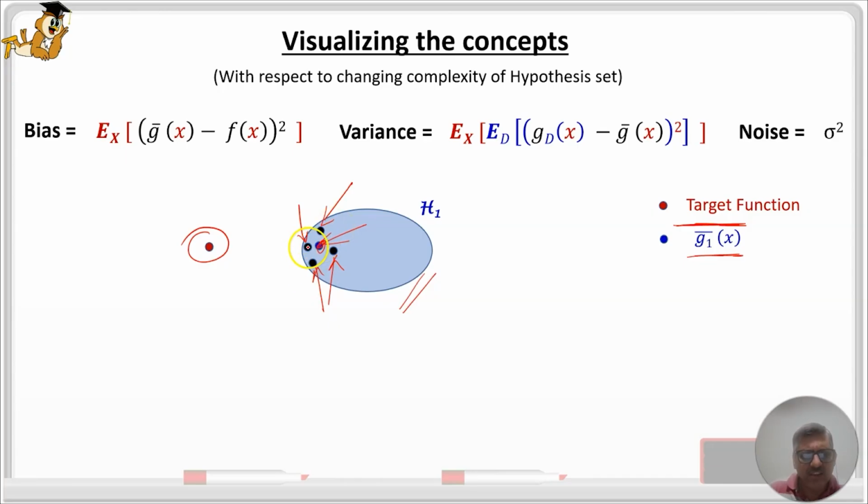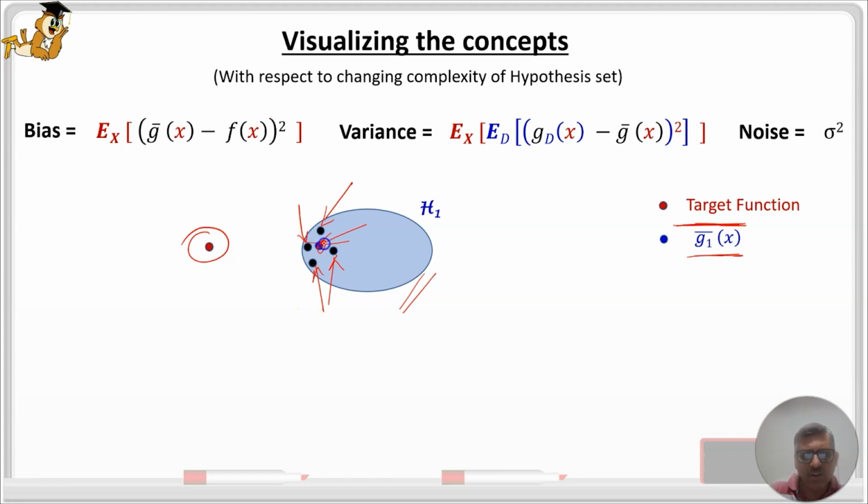As you can imagine, this blue dot, its place in this entire blue region is somewhat close. It's pretty close to the target function. It is not exactly on the periphery because, like we said, it is very close to the best hypothesis in the hypothesis set H1.